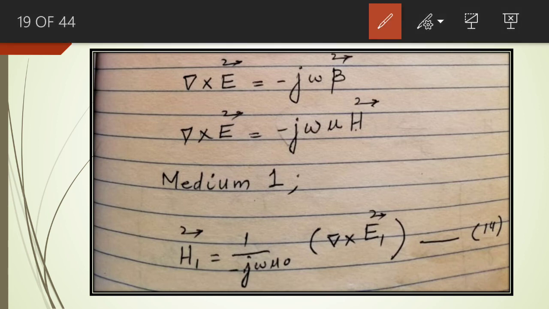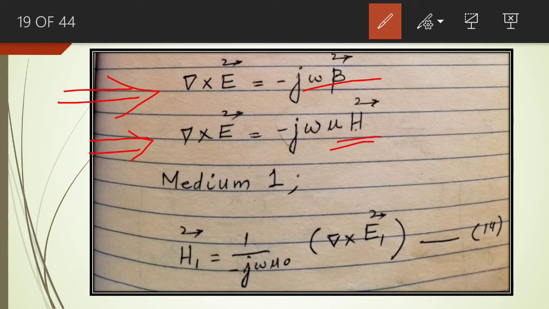You see, this is one of the 4 equations of Maxwell which states that curl of the electric field intensity will be equal to minus j omega B, and we know that B is equal to mu H. So the curl of the electric field intensity will be equal to minus j omega mu H. We know that in medium number 1 H will be H1 and E will be E1.